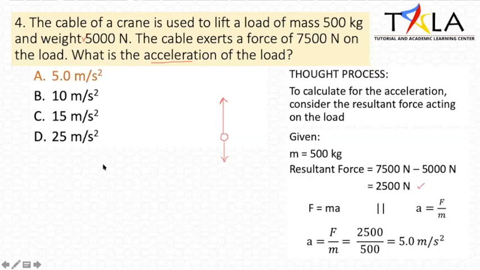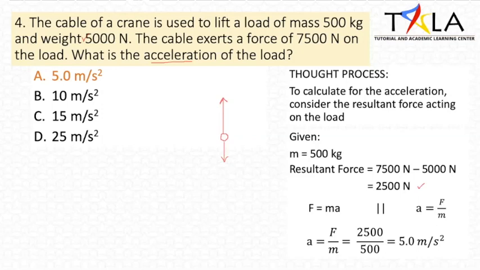Okay po, ma'am. I have a question here. Paano po malalaman kung upward or downward? Okay, so first, weight is always downward kasi it's a pull of the gravity towards the earth, di ba? So, kaya lagi siyang downward.